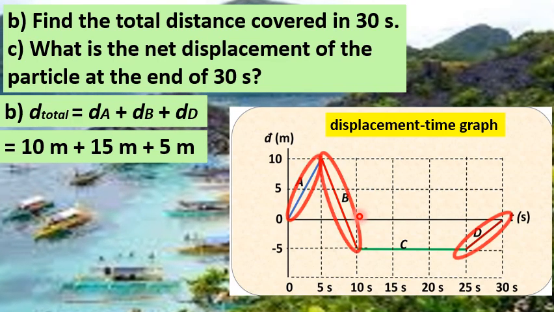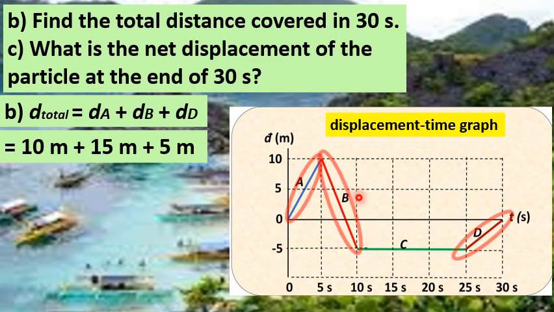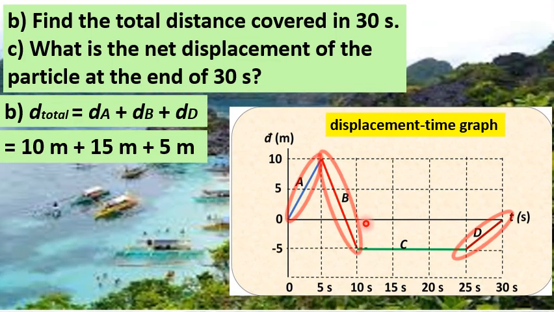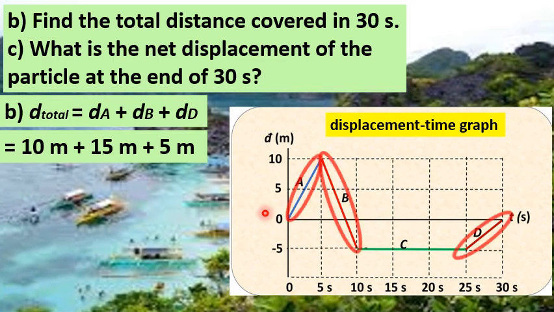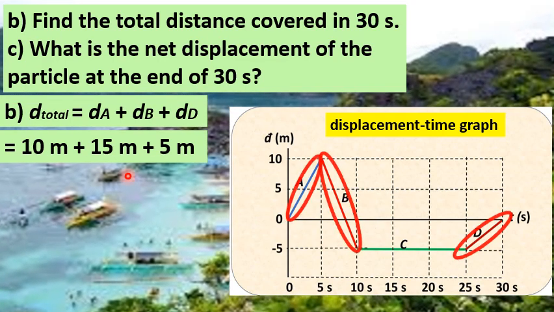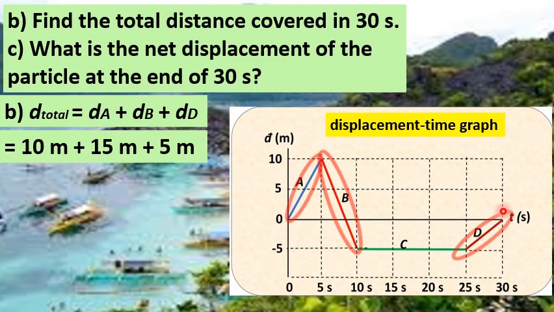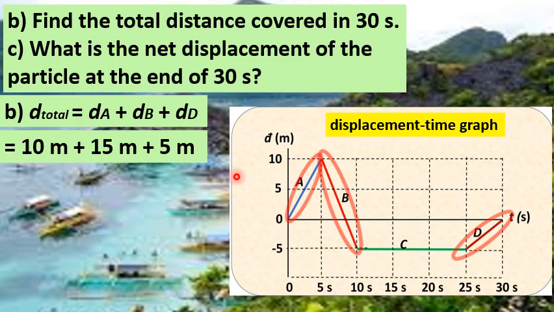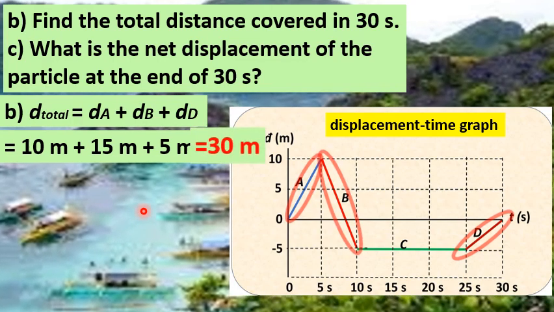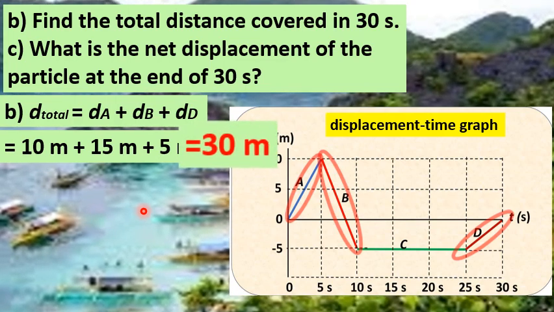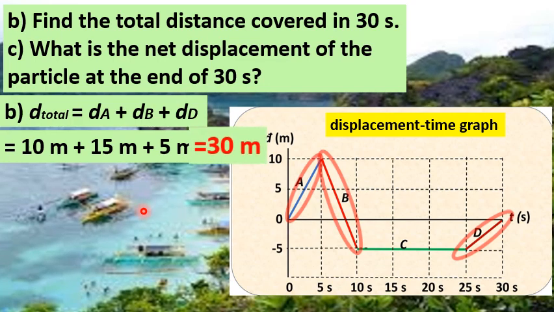And then the second part of that segment, from about 7.5 seconds to 10 seconds, it also has traveled 5 meters. So that's a total of 15 meters. And lastly, for segment D, that's equivalent to 5 meters. So for a total of 30 meters. That's the total distance covered during that time interval 0 to 30 seconds.